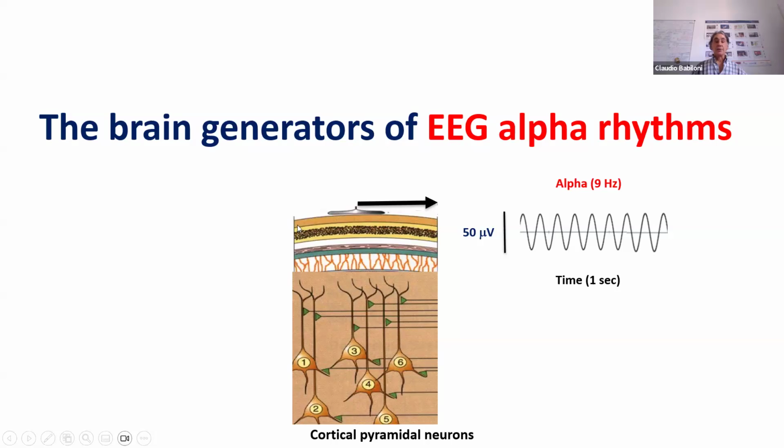Under the electrode, you see in brown the scalp. Under the scalp, the skull, with the dry part. And under the skull, the meninges, subdural component of meninges, and the space with the cerebrospinal fluid, and then the pia mater.